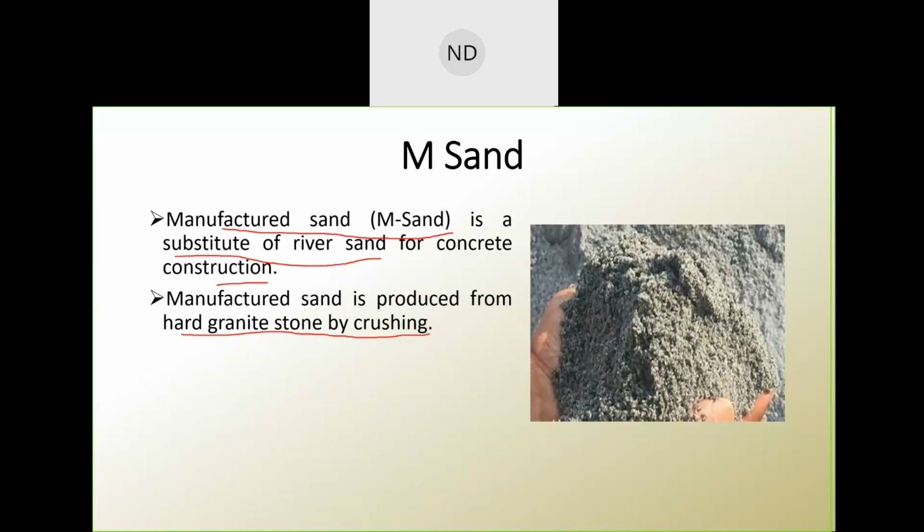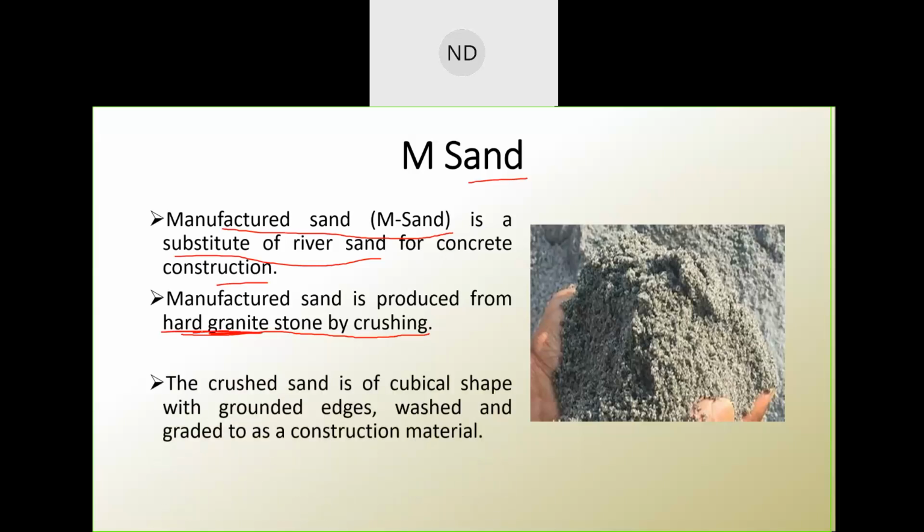But when you see the natural sand, what is that color? Orangish yellow, orangish color. But this is your manufactured sand, which you should know. Nowadays we use this manufactured sand also, which is stronger because it is produced from the crushing of hard granite stone.